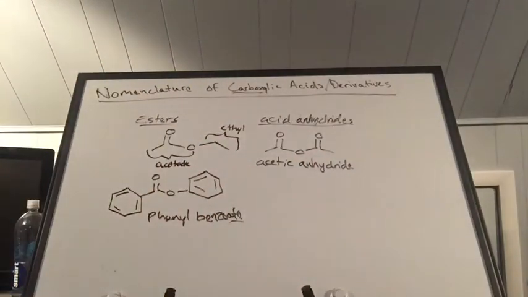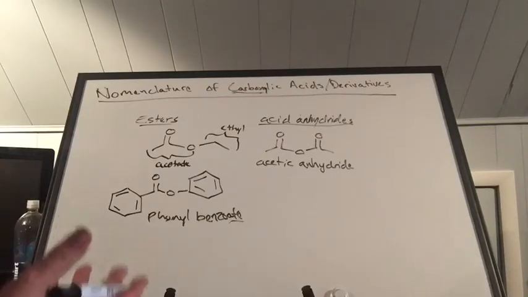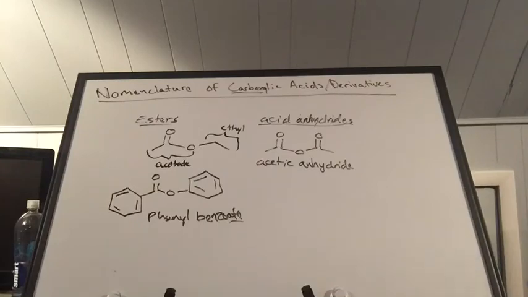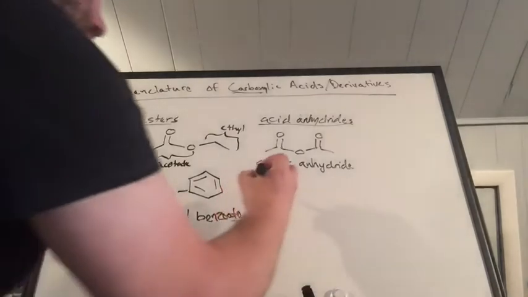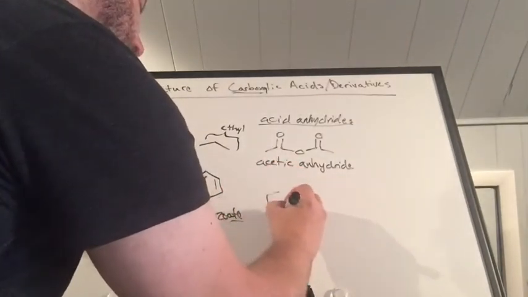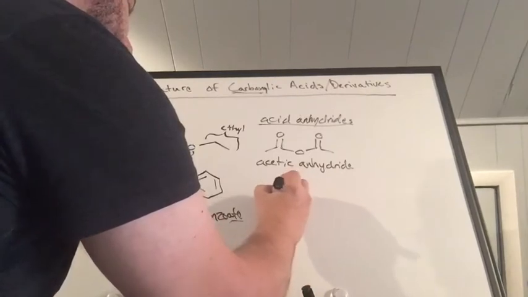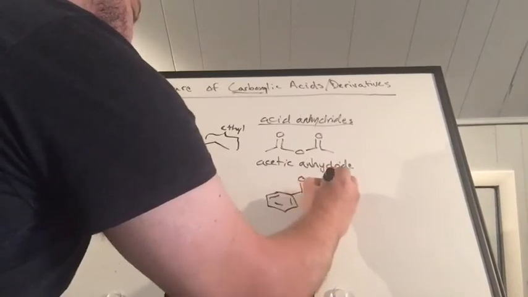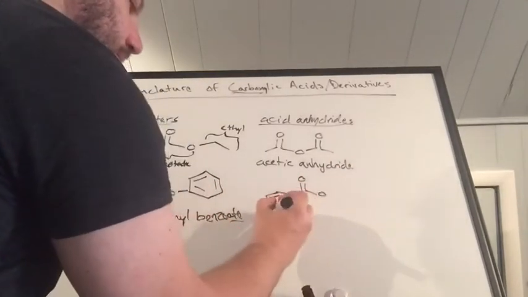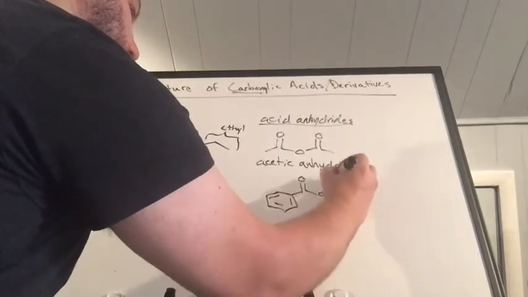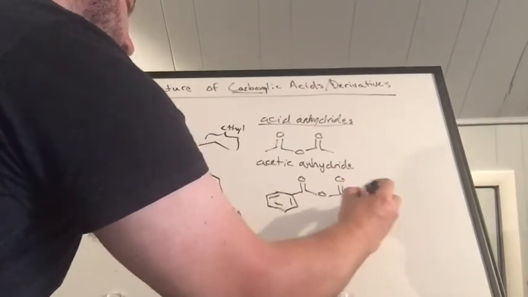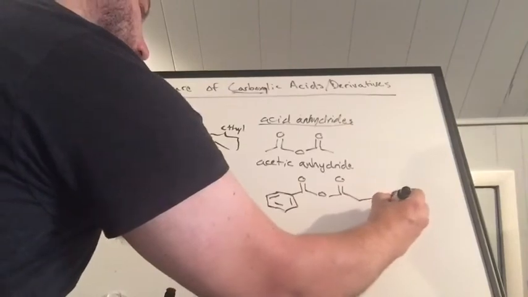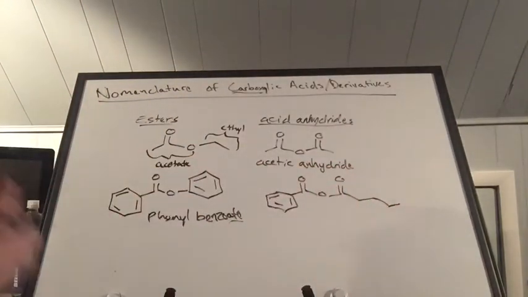And then let's say if you had benzoic pentanoic anhydride, that's going to be an asymmetric anhydride. So benzoic, one, two, three, four, five, pentanoic anhydride.